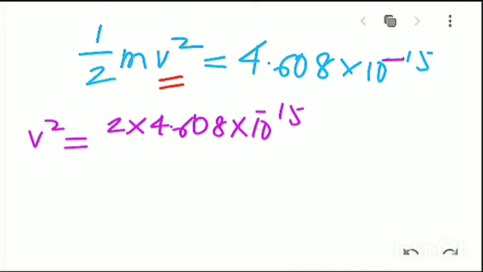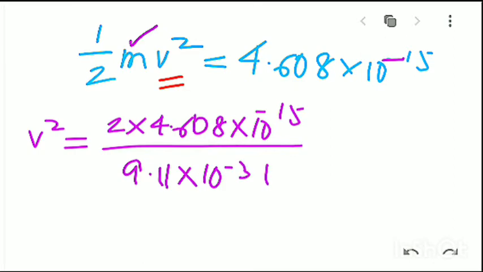Here is a minus symbol, don't forget that, divided by m coming to the denominator. m is the mass of the electron, because in this question we are actually accelerating the electron. So the mass of that electron must be used. The mass we know is 9.11 into 10 to the power minus 31 kg. Okay, so if I do that, what shall I get? 4.608 multiplied by 2.